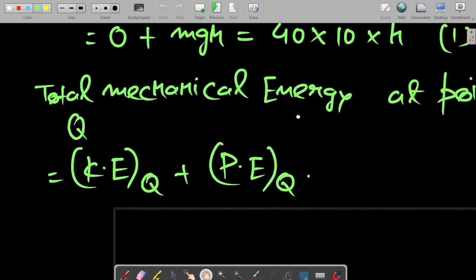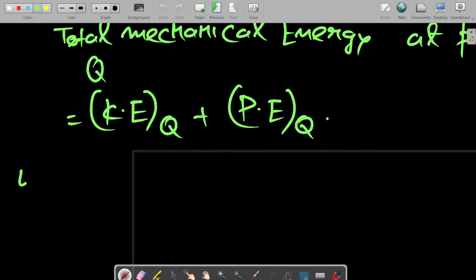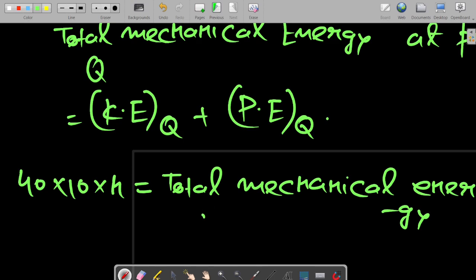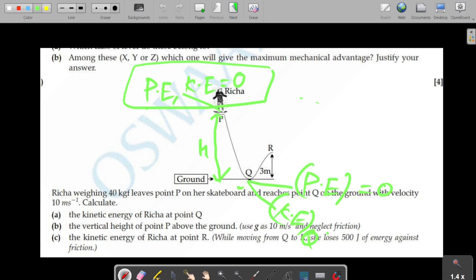It is equal to 40 into 10 into h, and it will be equal to, from the law of conservation of energy, the total mechanical energy at point Q. If you see the figure, from the law of conservation of energy, total mechanical energy at point P should be equal to the total mechanical energy at point Q. In other words, total mechanical energy at the top should be equal to the total mechanical energy at the bottom.